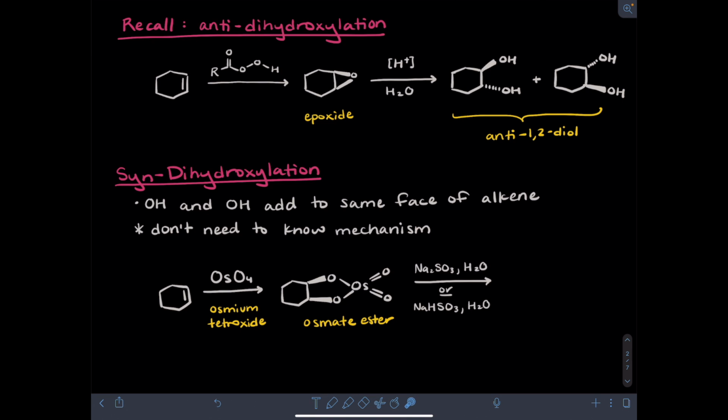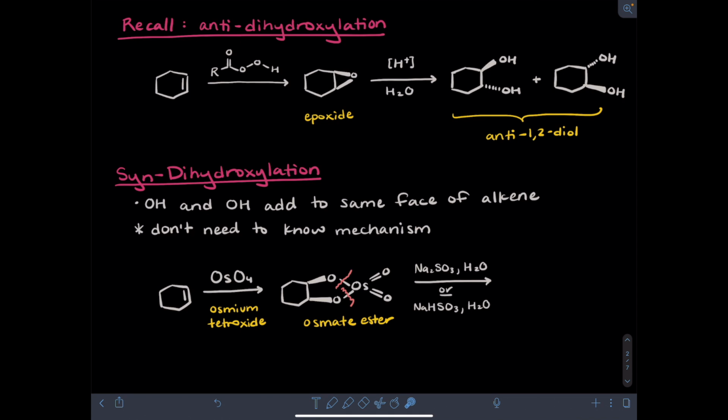To remove the osmium and replace it with a hydrogen on each oxygen, there are two different possible conditions in a second step. One is treatment with Na2SO3 and water, or you can treat the osmate ester with NaHSO3 and water. They have the same effect.